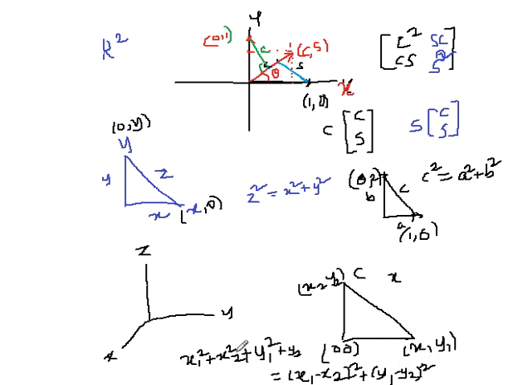Now when we go for expanding this one, x1 minus x2 whole square is equal to x1 square plus x2 square minus 2x1 x2. Similarly, y1 square plus y2 square minus 2y1 y2.